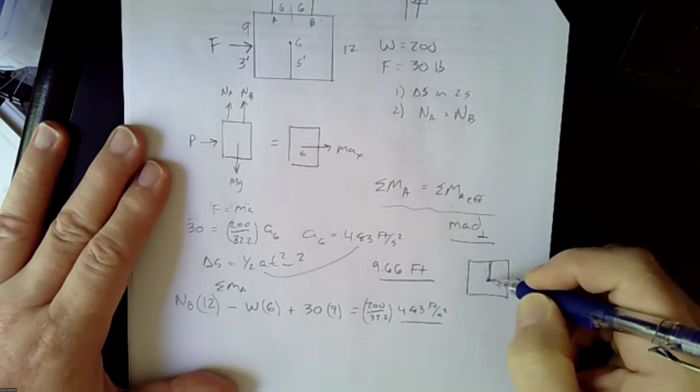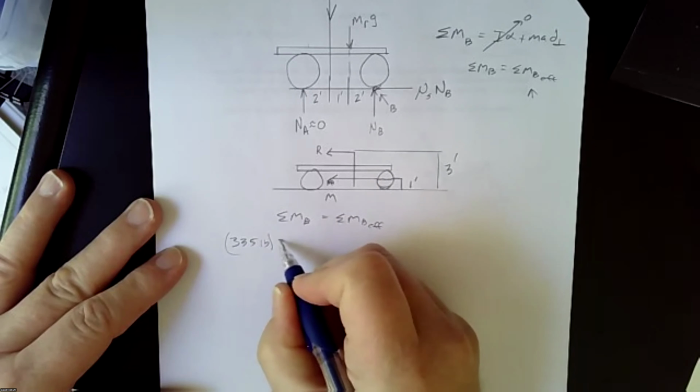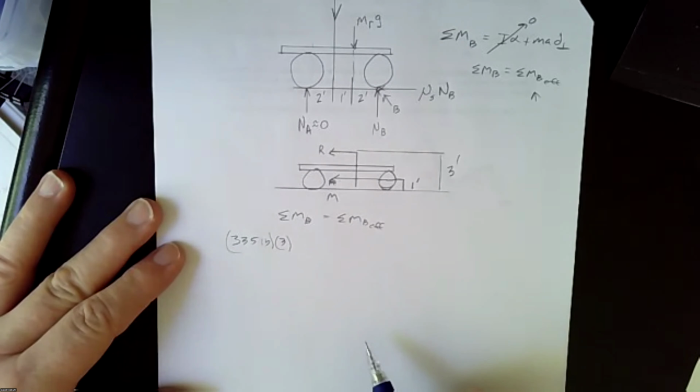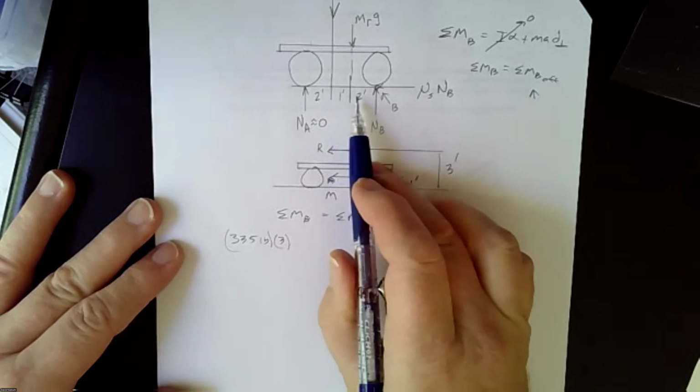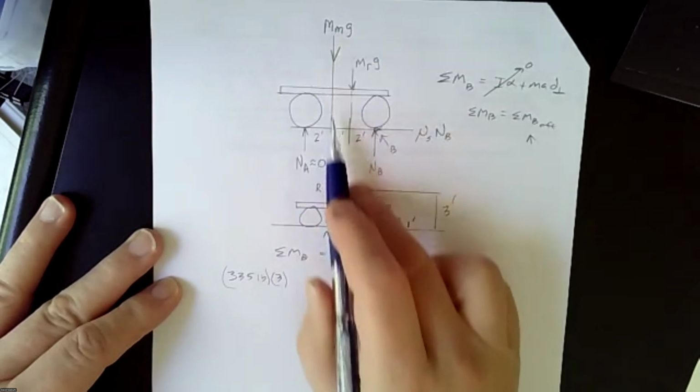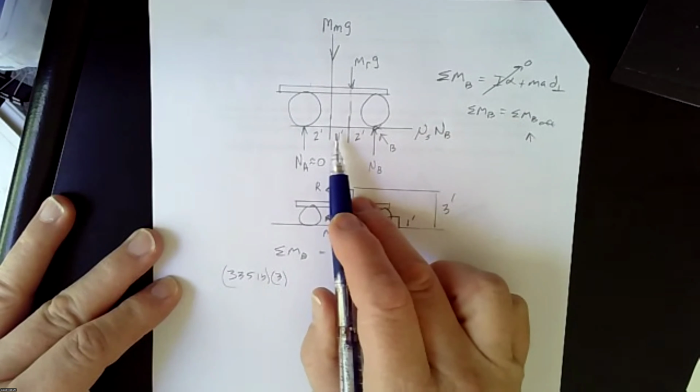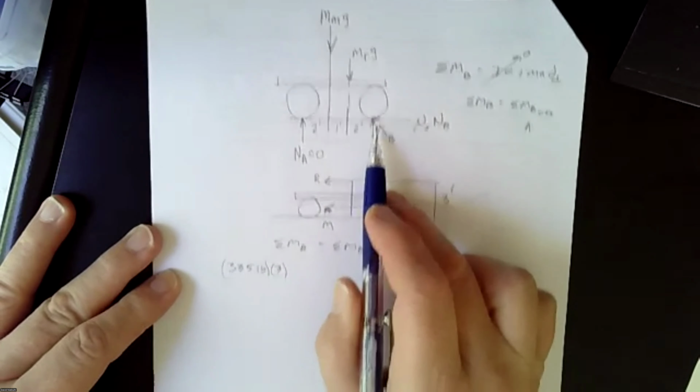We have 335 pounds, and that's 3 feet, right? So we have 335 pounds, that's this here, and it's 3 feet away, and it's counterclockwise about B. So 335 times 3 plus the rider, 150 pounds, and he or she's only 2 feet, so times 2.